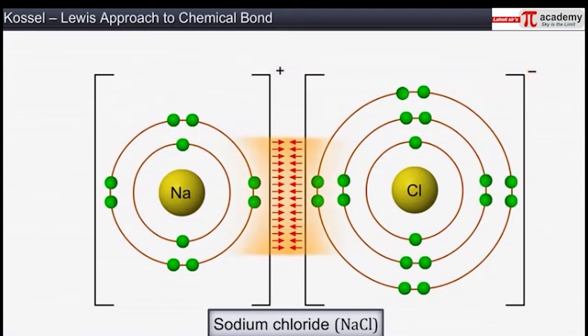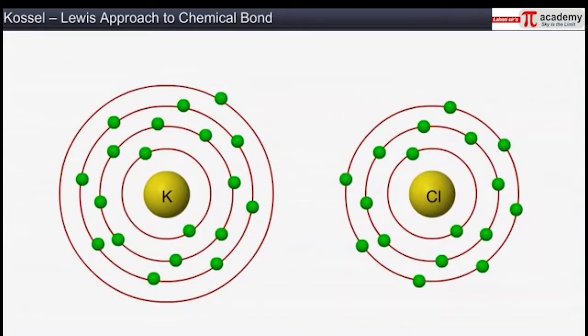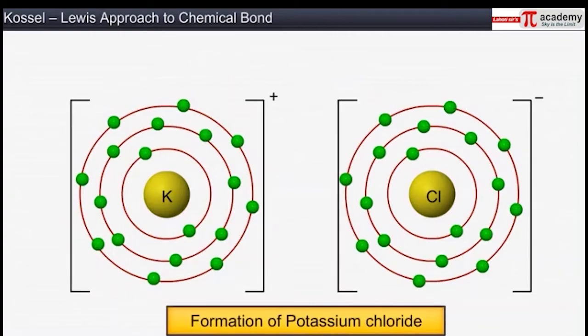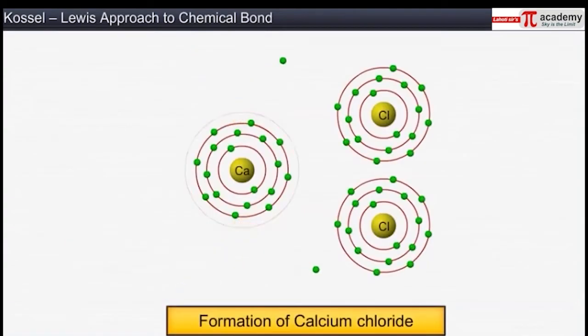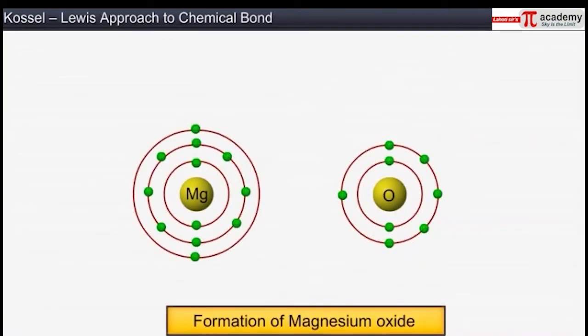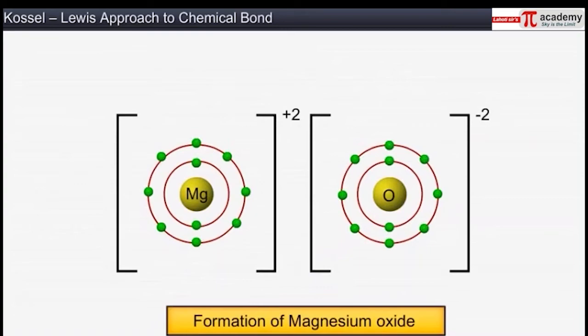In sodium chloride, sodium is assigned a positive electrovalence of 1, while chlorine is assigned a negative electrovalence of 1. Similarly, we can explain the formation of potassium chloride, calcium chloride, magnesium oxide, and other ionic compounds.